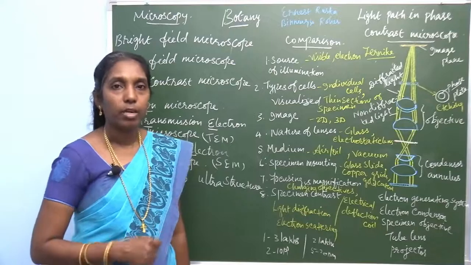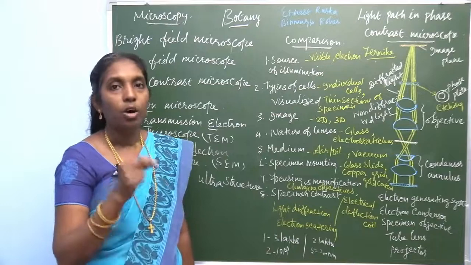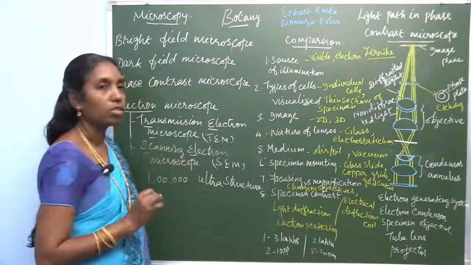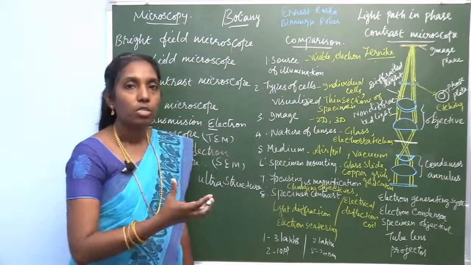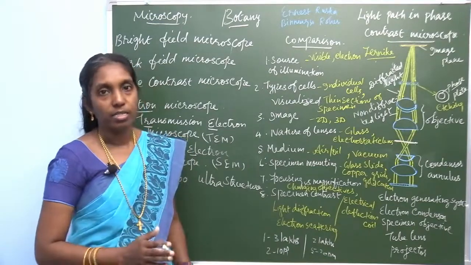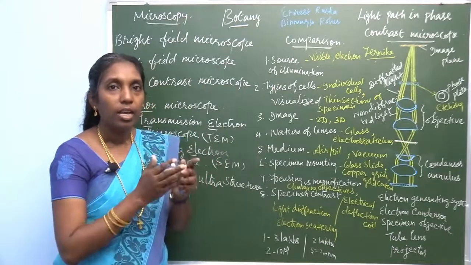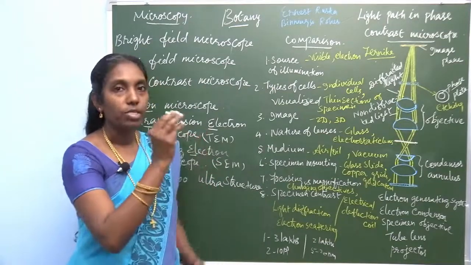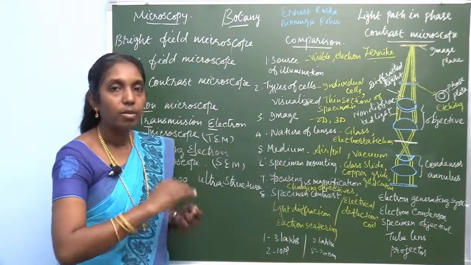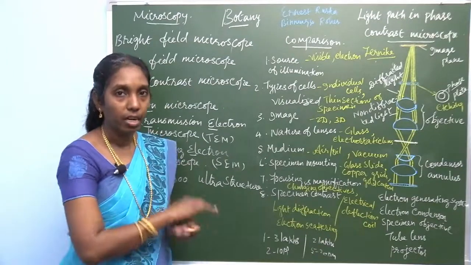In the scanning electron microscope, the electrons are focused by means of lenses onto a point. There is an interaction between the specimen and the electrons.